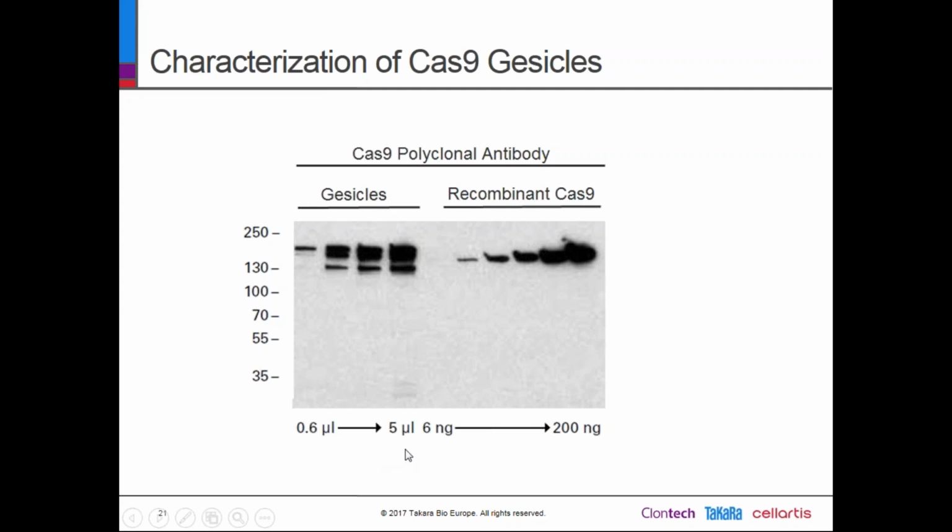And here you can see that we have approximately 200 nanograms of Cas9 in 5 microliters of jasicle production. You can also see that the Cas9 in the jasicles migrates a bit higher, and this is due to the dimerization tag compared to the recombinant Cas9.